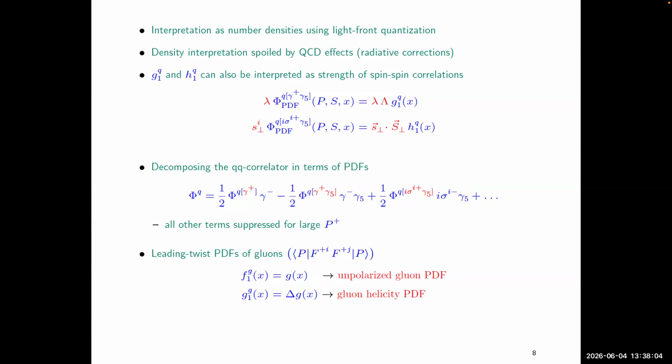And before moving on, let me just in passing say, so far the discussion was about quarks. Of course, we also have the unpolarized gluon PDF. In the case of gluons, components of the gluon field strength tensor show up in the operator. We also have a gluon helicity PDF.